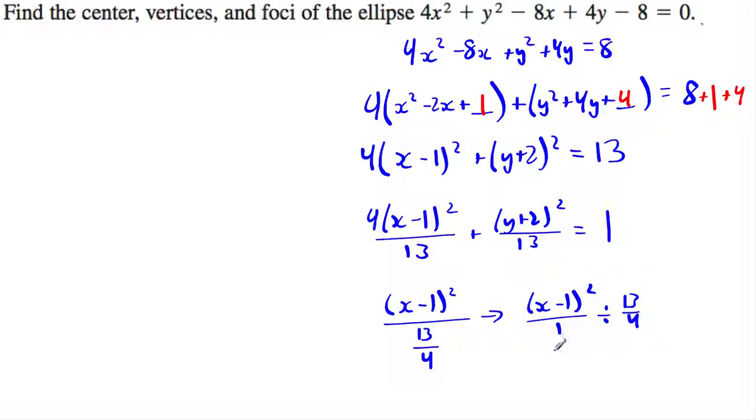But when we divide by a fraction, we multiply by the reciprocal, so 4 over 13. And so that's how we get this value here. So it's just rewriting it. I know it looks not great, but it's okay.